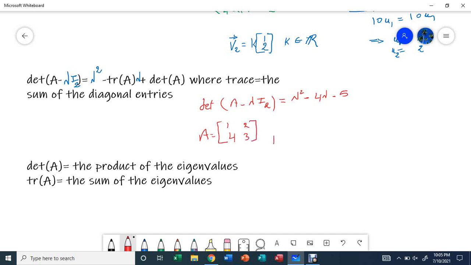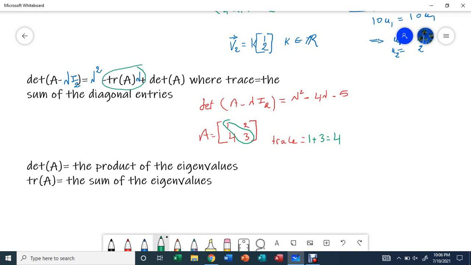The trace is the sum of the diagonal entries, 1 plus 3, which is 4, so that's negative trace of A times lambda, negative 4 times lambda.